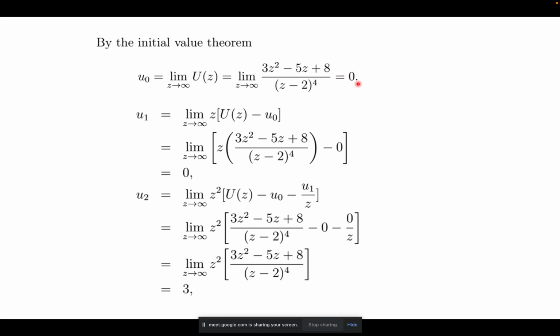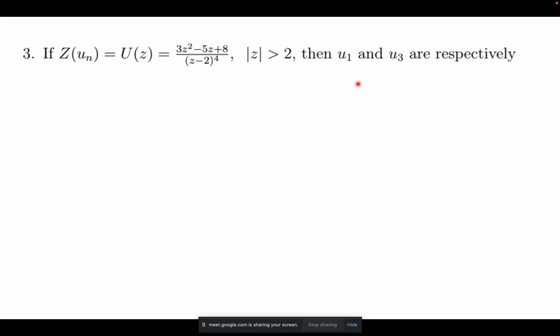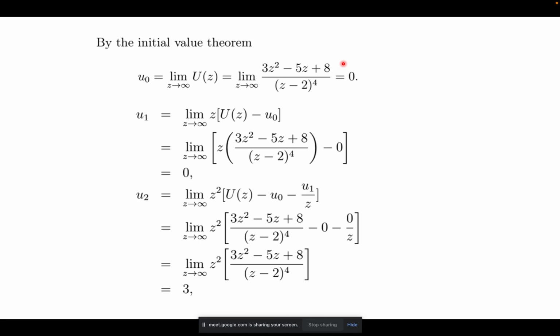Now you know the value of u naught, but the question is saying you need to calculate u1 first. So let's calculate u1. u1 is limit z approaches infinity of z times (U(z) minus u0), right? u0 you already know is 0, so you can rewrite this equation as z times (3z square minus 5z plus 8) upon (z minus 2) power 4 minus 0.